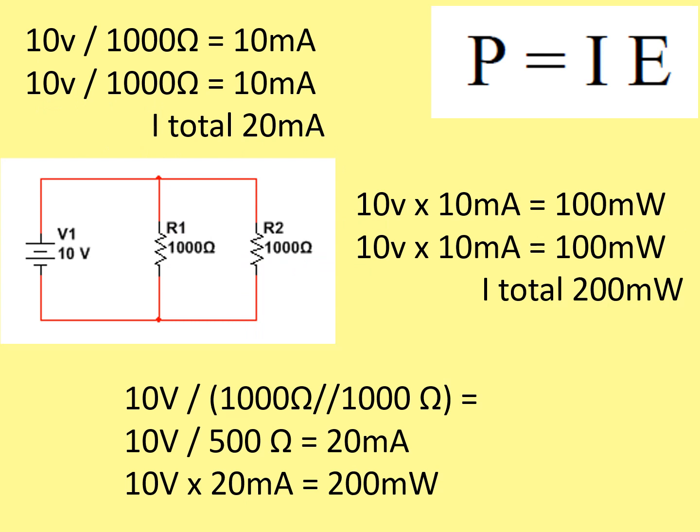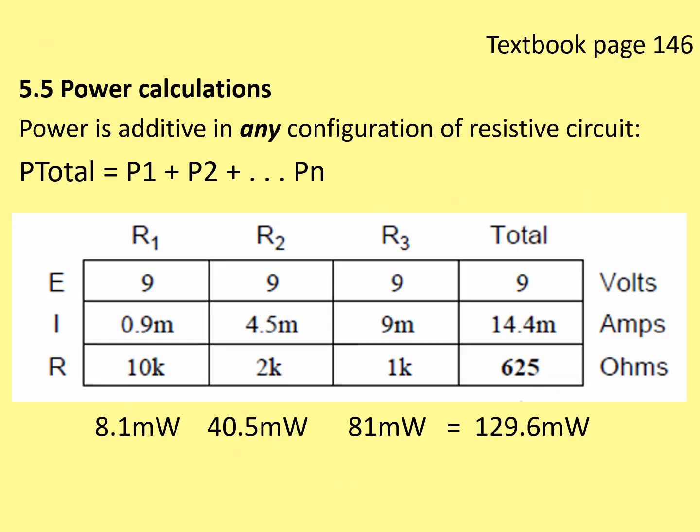So this is just showing that in parallel networks, power configurations are still additive and it still works. I'm running out of time, so I've got to move forward a little bit.